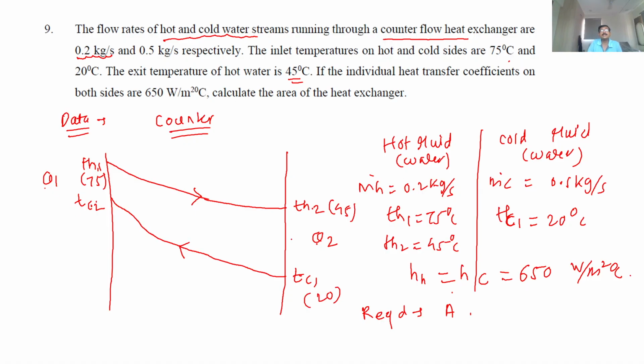Therefore, theta1 and theta2 values are different. As theta1 and theta2 are different, LMTD theta m is also different. And if theta m is different, naturally your area is going to be different. That's why we need to calculate the area for counter flow arrangement again, and definitely you will find the area answer is different from the previous problem, though data is same.